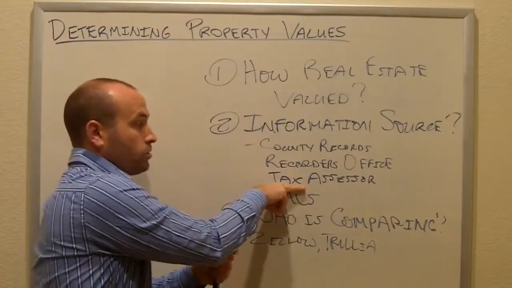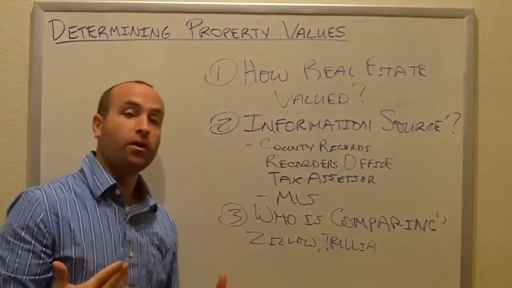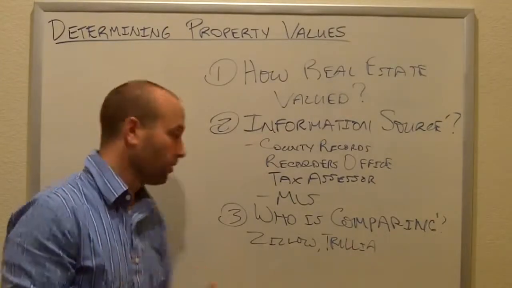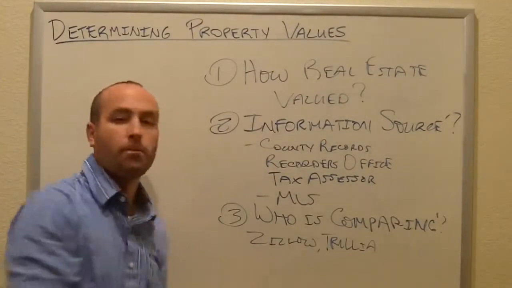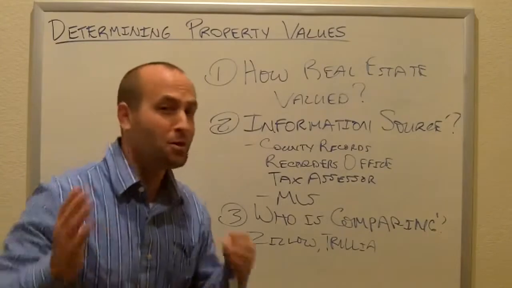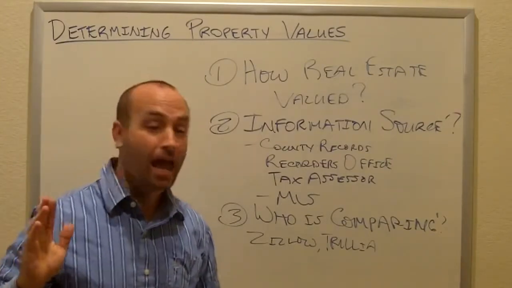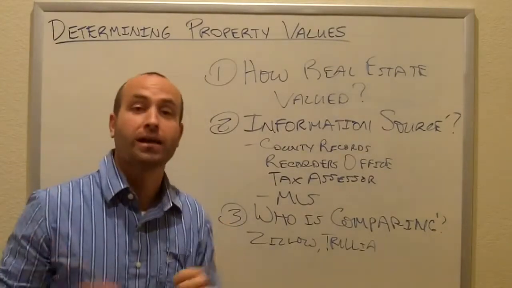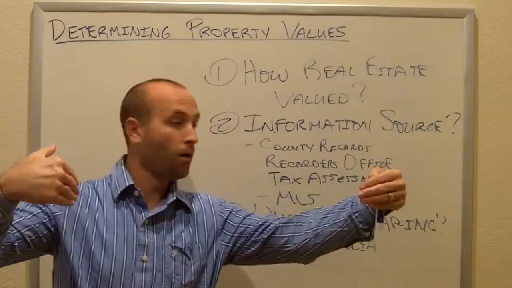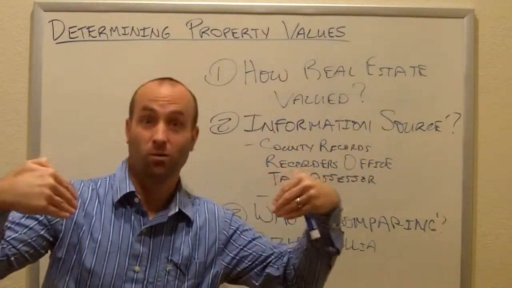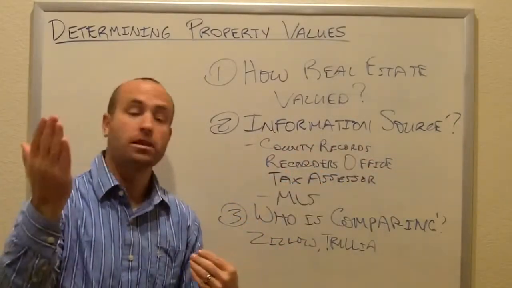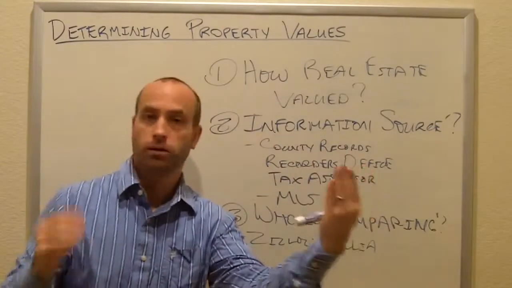And then not only are they using that, but they're then trying to figure out which properties are comparable, and they're doing a circle around the property, say a 2-mile radius. But you and I both know that every part of the U.S., there are pockets where if you go 2 miles apart, they're completely different worlds, right? You can go from absolutely the nicest part of town to complete ghetto in 2 miles.